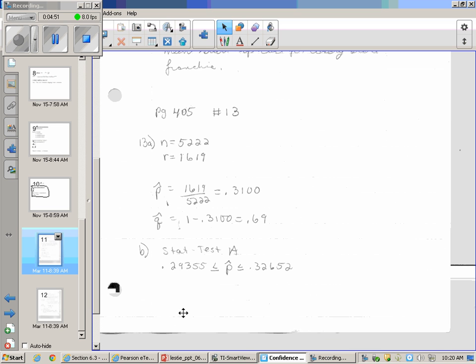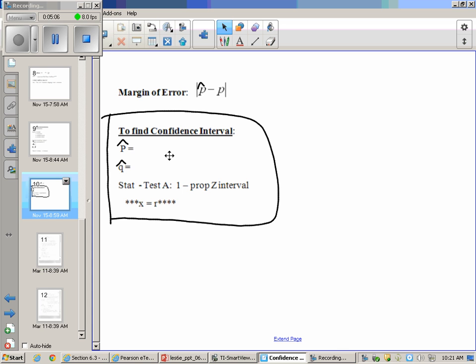Then they ask you to find the 99% confidence interval for p and give a brief interpretation. So we do STAT TESTS A for the population proportion, the confidence interval. Your x is your r.